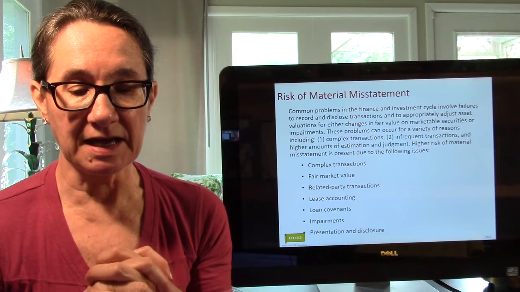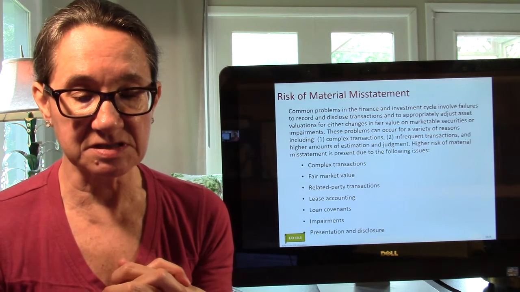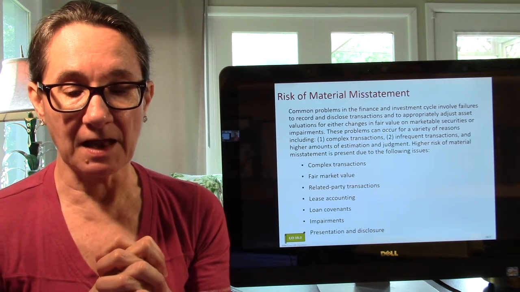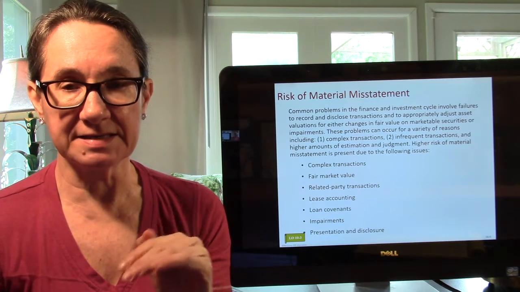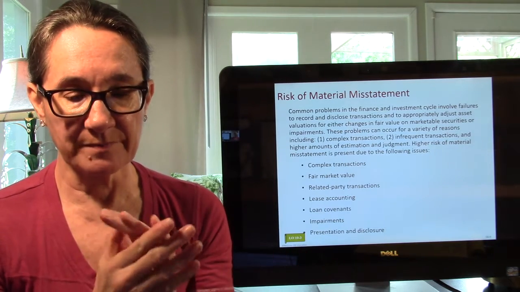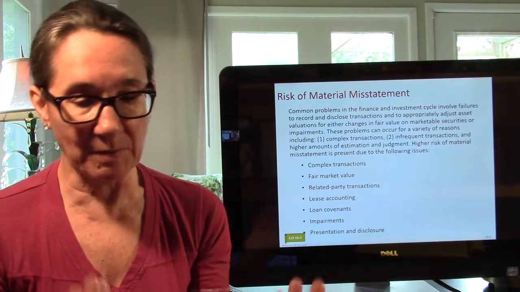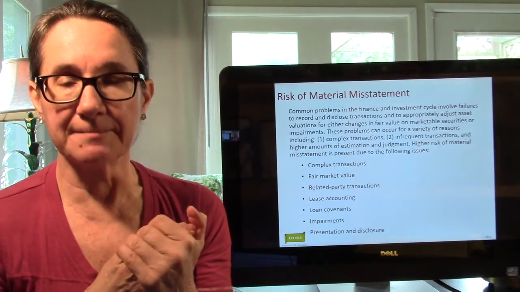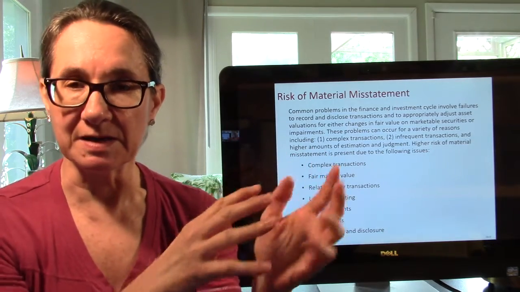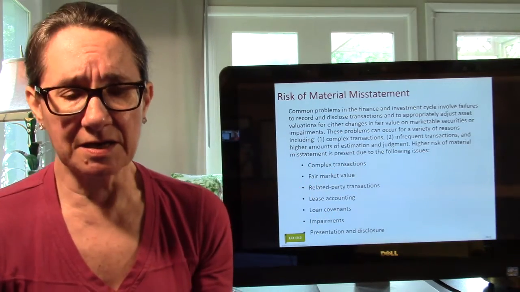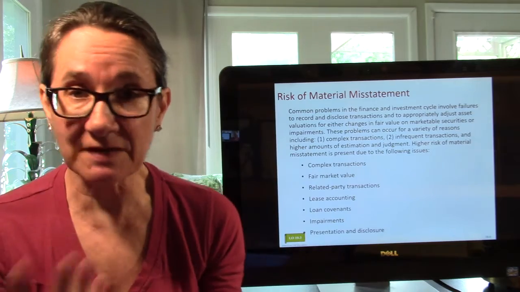They're typically high dollar transactions. A lot of what goes on here will involve fair market value. A lot of the investments have to be marked to market, depending on how they're classified, right?